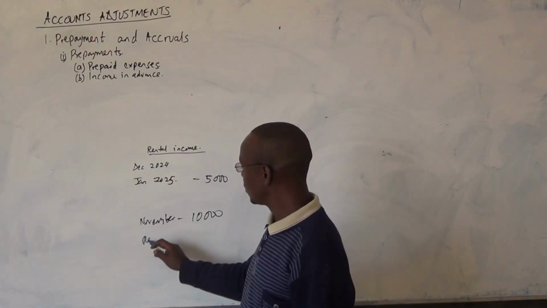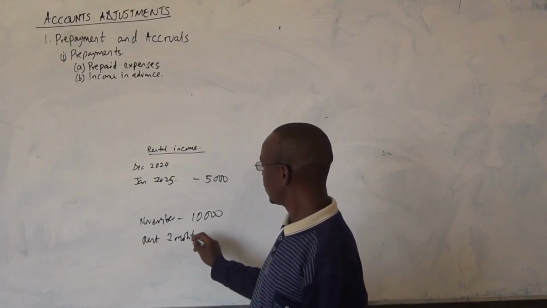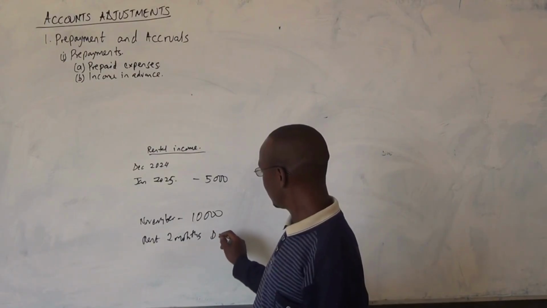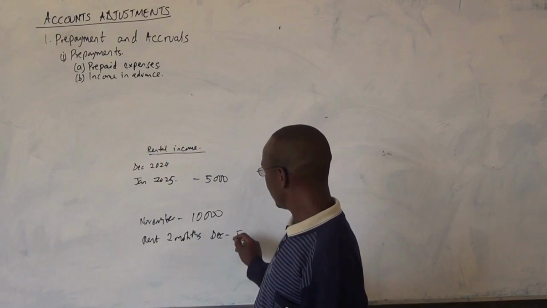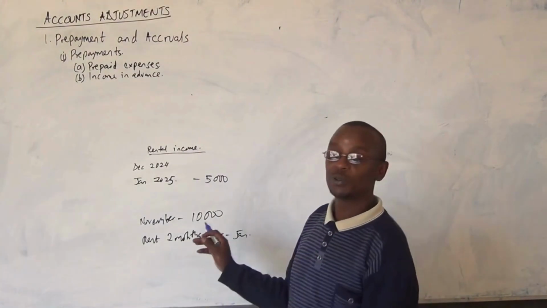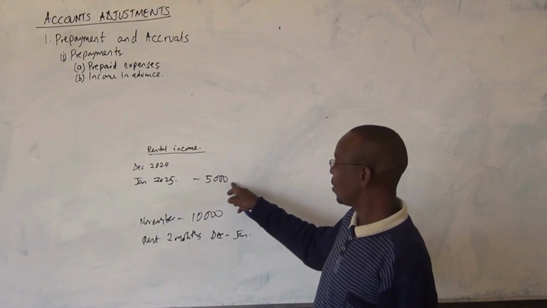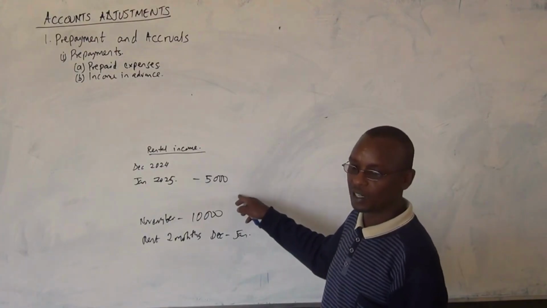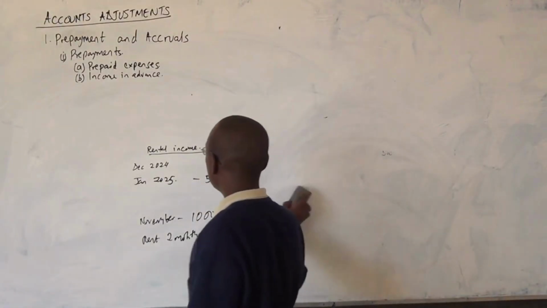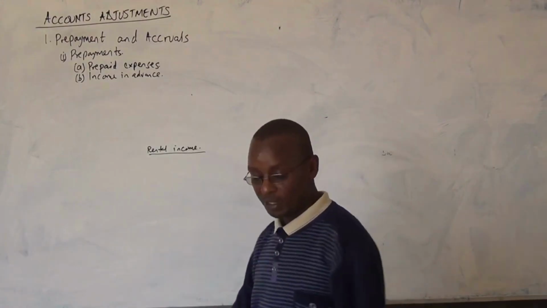That is rent for 2 months, December and January. So when it comes to the end of the period here, you have this amount that you have received in advance. Now, how do you account for it? In the rent income account, you have that amount.